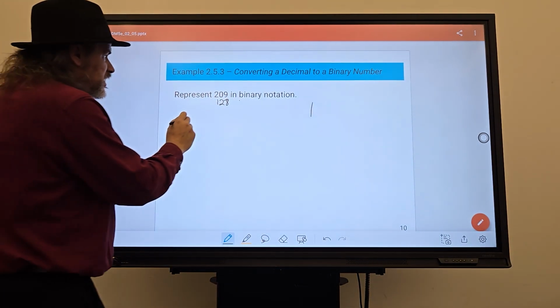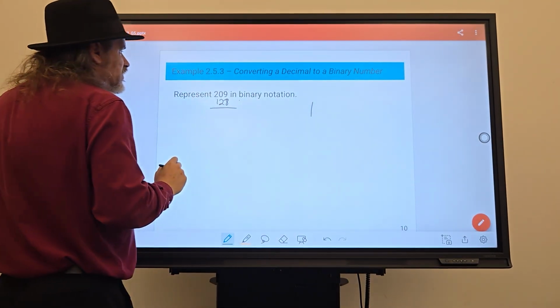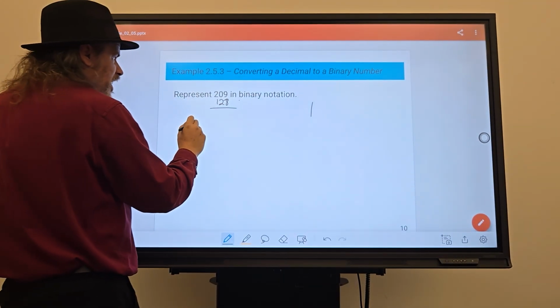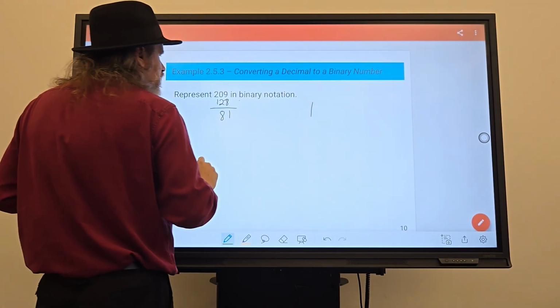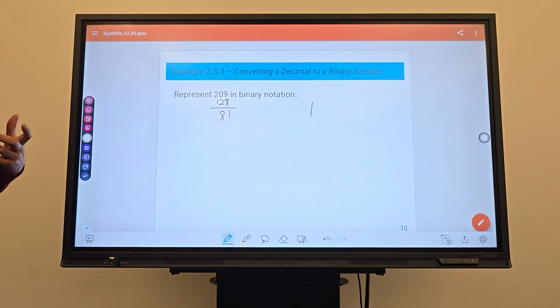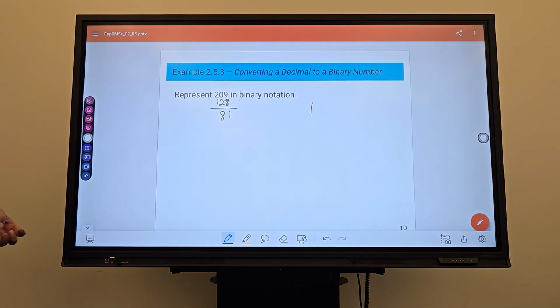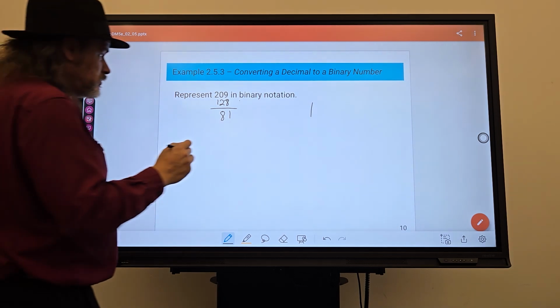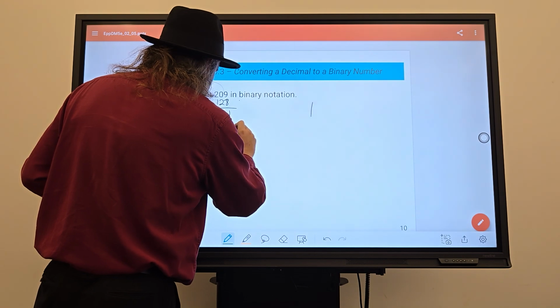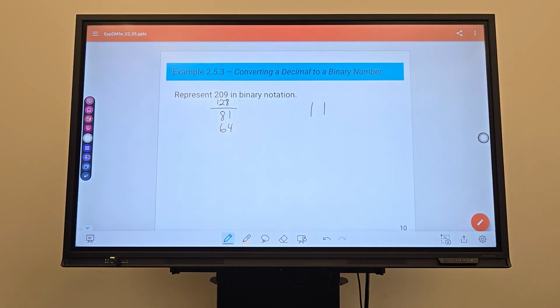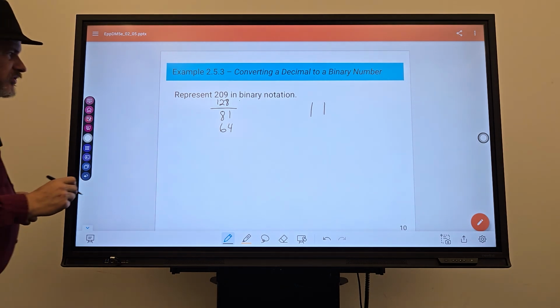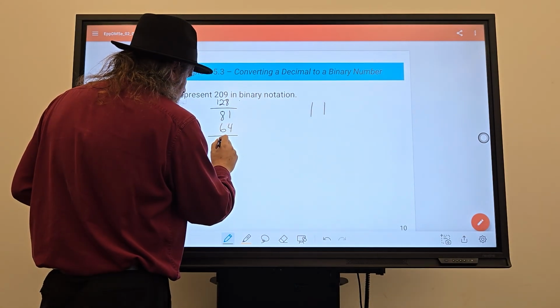And then subtract 128 from 209, gives you 81. Okay, what's the highest power of 2 that's less than 81? 64. So you subtract 64 here, and put a 1 in the 64's position. Do a little subtraction. That's 17.